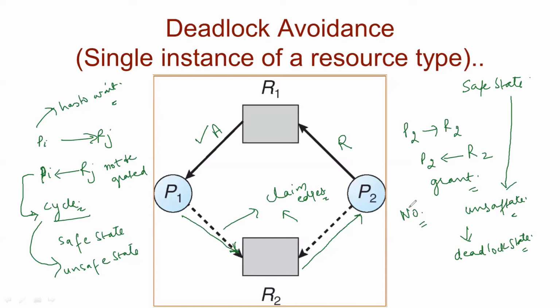Once the request is granted, the system is in an unsafe state, and as soon as P1 generates the request for R2, the system will turn into a deadlock state. So one thing proved from here is that all deadlocks are unsafe states. But unsafe states may or may not be a deadlock state.